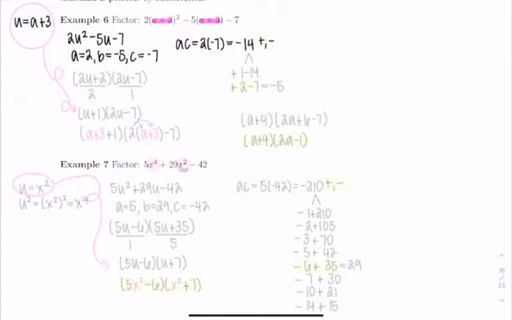And with negatives, we have to have one positive and one negative number. The factors of 14 are 1 and 14 and 2 and 7. And because b is a negative 5, that means that the bigger factor is negative and the smaller is positive.